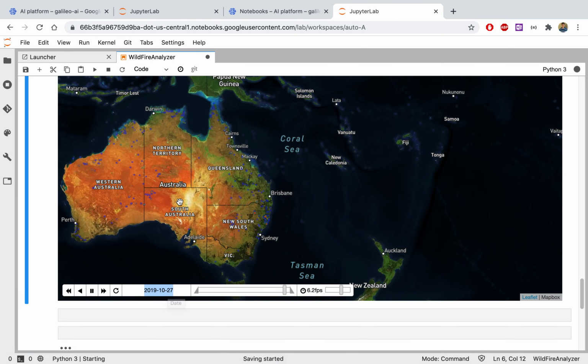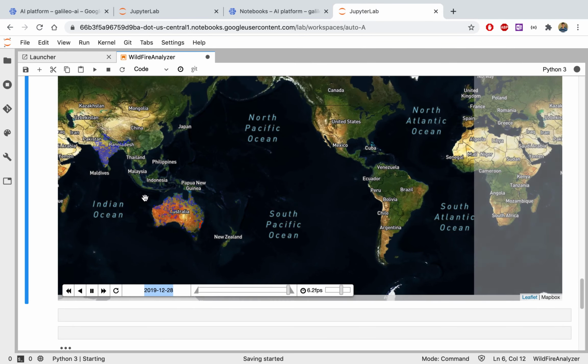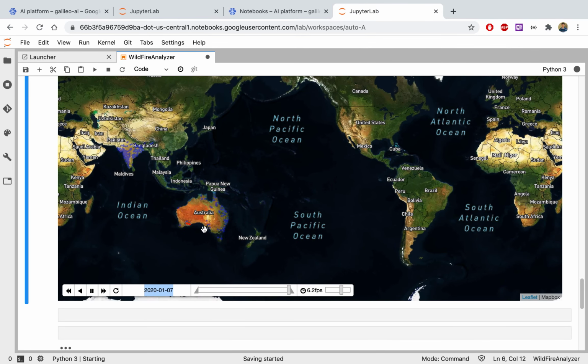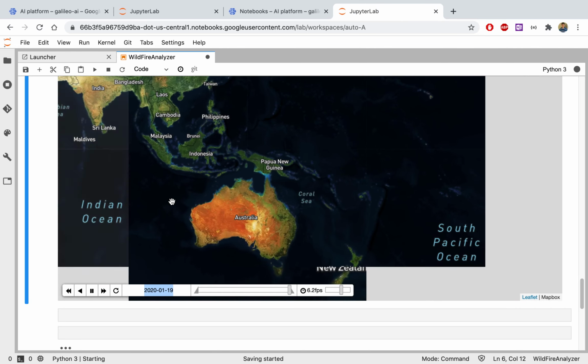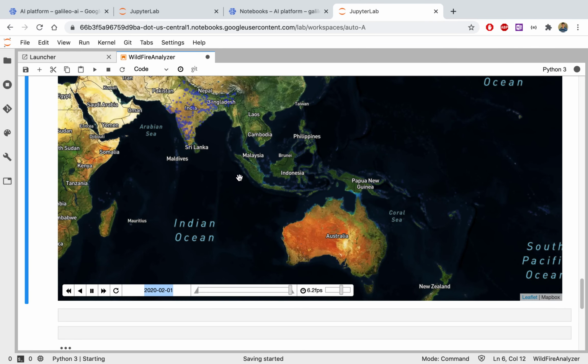So a lot of plots, as you can see, a lot of red dots, and it keeps changing, but pretty much most of the Australian continent was seeing some crazy amounts of fire in 2019 and 20.